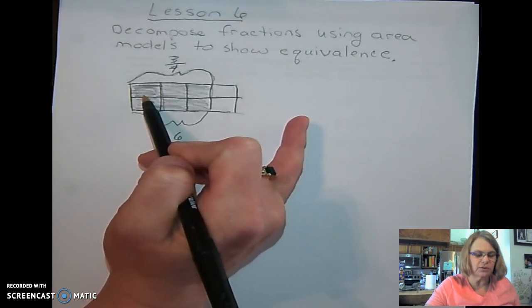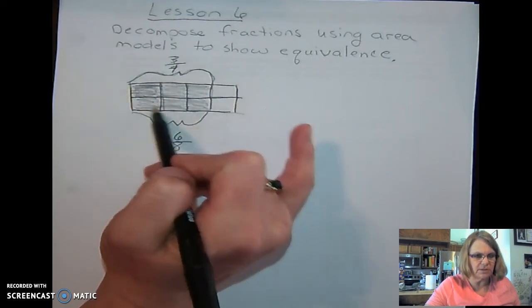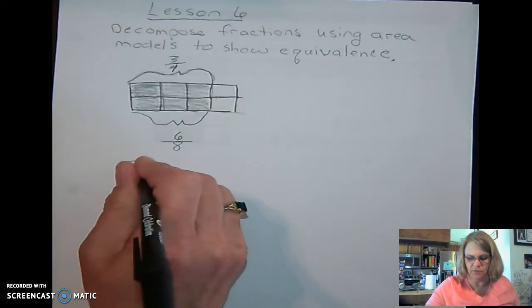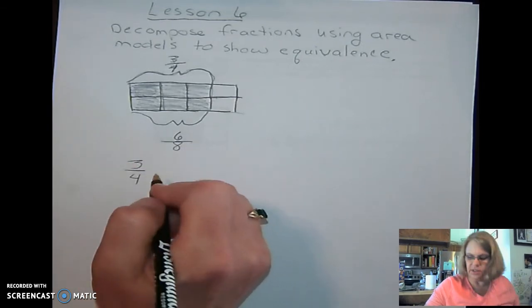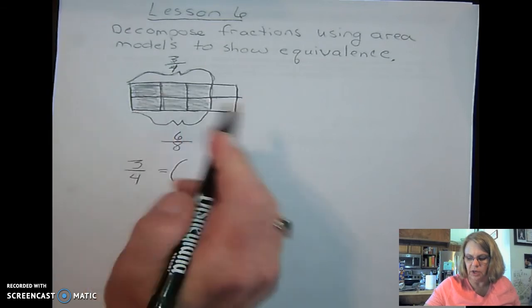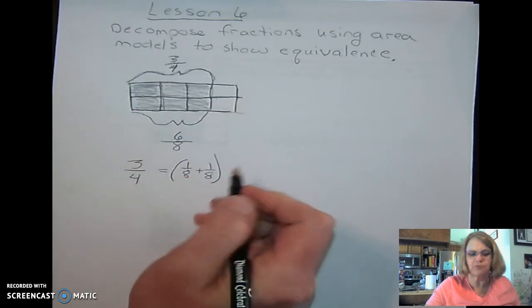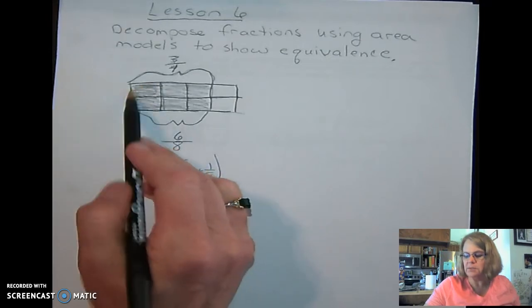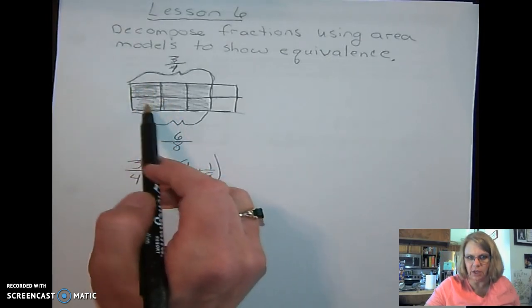So I'm going to write a multiplication sentence that describes this change. So we have 3/4, which is equal to, at first I'm going to write an addition sentence, (1/8 plus 1/8). The reason I'm putting parentheses around it is because I had 1/4, which I made into 1/8.